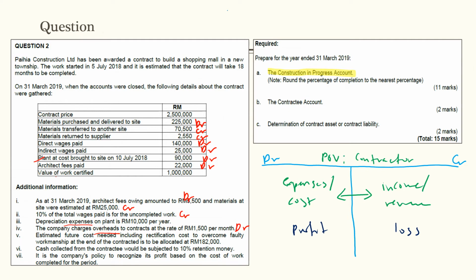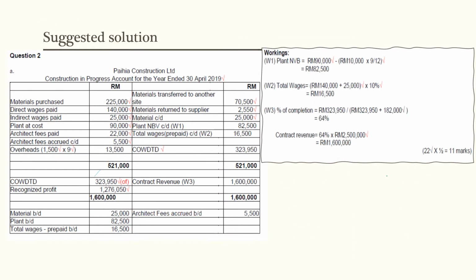Okay, let's continue. This is the suggested solution for the contract account. Firstly, we start with the title, the name of the contractor, followed by the name of the account. Then we record all the transactions on the debit side and the credit side based on our last discussion.